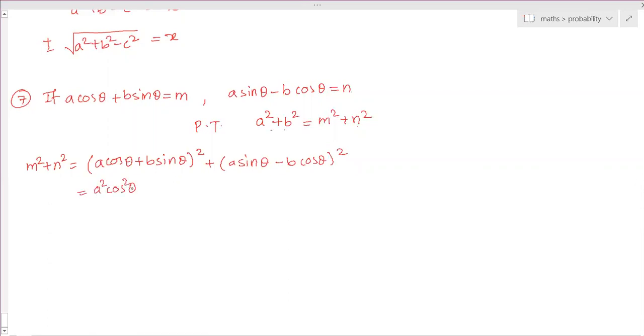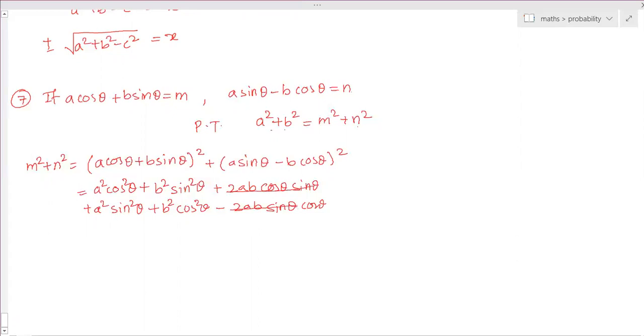a square cos square theta plus b square sin square theta plus 2ab cos theta sin theta. Now again the square of the second: plus a square sin square theta plus b square cos square theta minus 2ab sin theta cos theta. So this and this term are exactly the same.